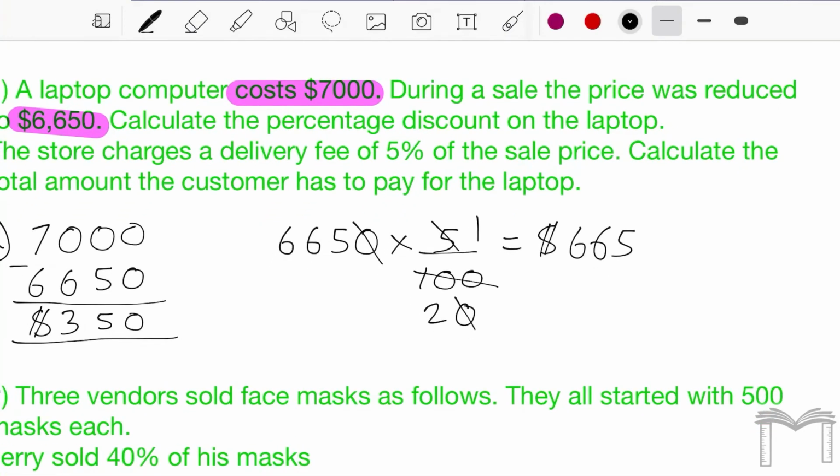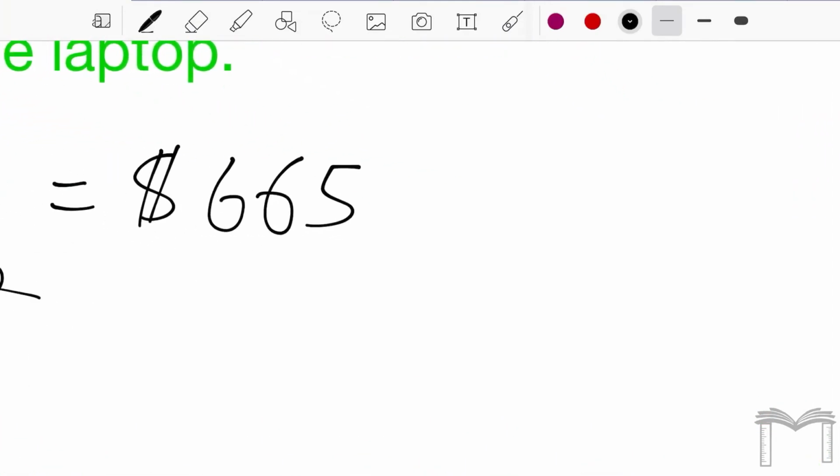So the total would be the discounted price plus the delivery fee.